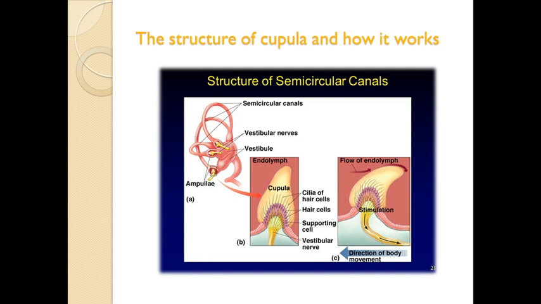Then when the structure ampulla is considered, we can see that it is a swelling at the place where utricle is connected to the semicircular canals, and when an ampulla is enlarged, we can observe the structure cupula inside it. So in the diagram B, we can see cupula. It has sensory hair cells with cilia. Remember, cupula has cilia.